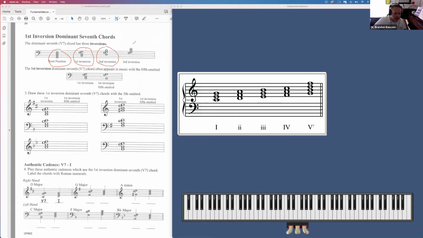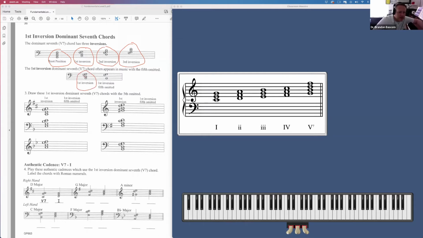Put the second inversion's bottom note on top and we get third inversion. So where a triad only has 3 notes and has 2 inversions, a dominant seventh has 4 notes and has 3 inversions.